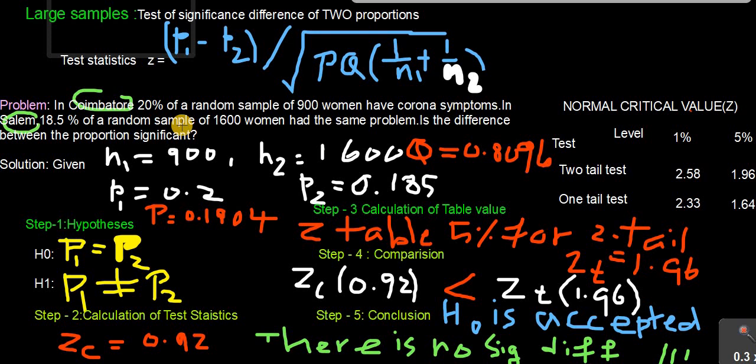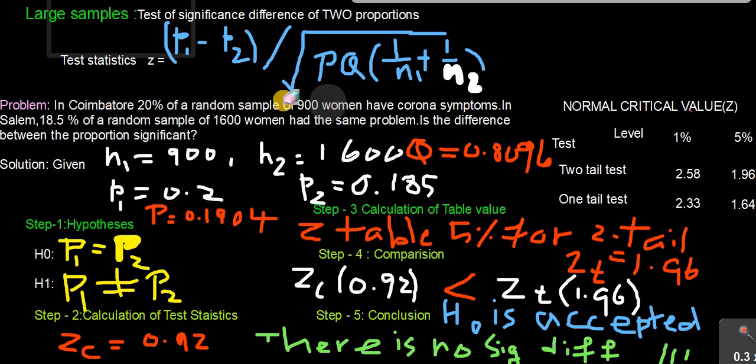Then in Salem, the sample size was 1600 women, and out of them 18.5% were affected by corona. So these were the samples given to us.